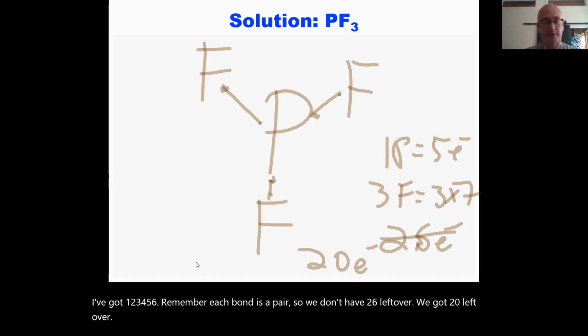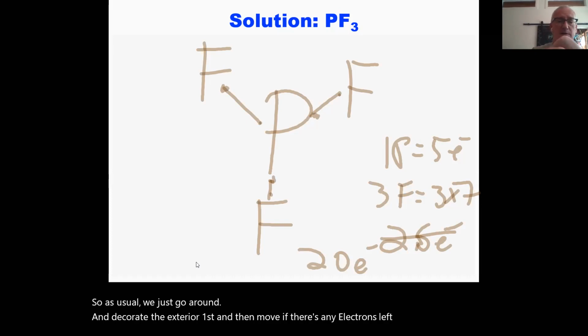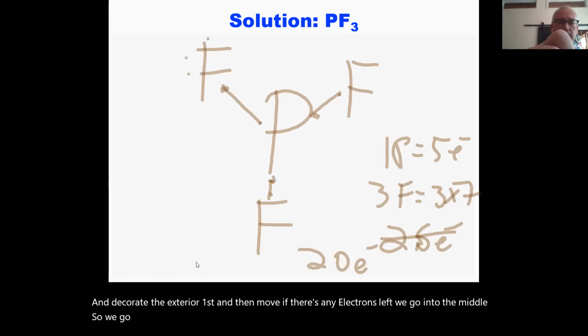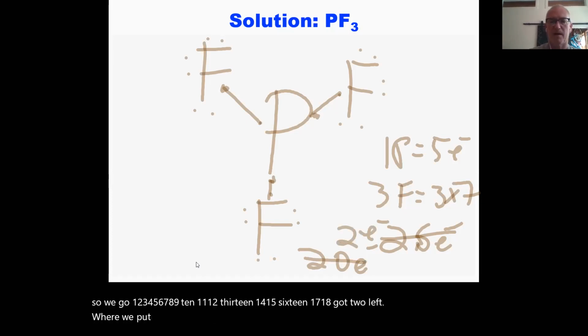So as usual, we just go around and decorate the exterior first. If there's any electrons left, we go into the middle. So 1, 2, 3, up to 18. Got 2 left. Where do we put them? Phosphorus. On phosphorus, exactly.